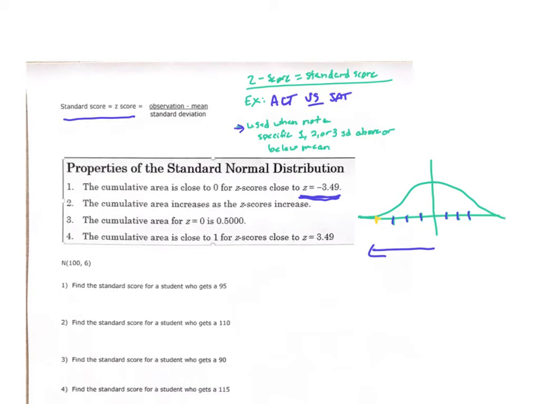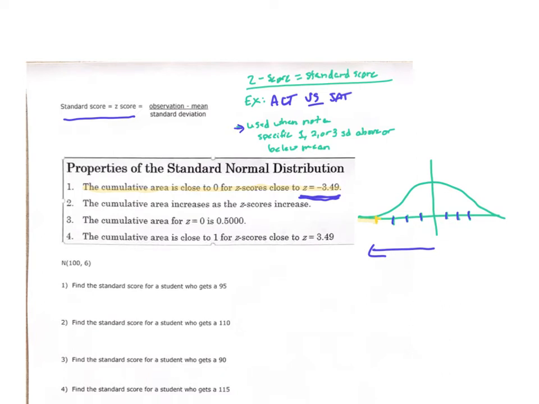I want you to notice this first property that they ask you to consider, and it says the cumulative area is close to 0 for z-scores at this particular value. Cumulative area means from as far left as possible up to that particular point. And basically what this property is telling us is that we're not seeing any values in that particular interval.